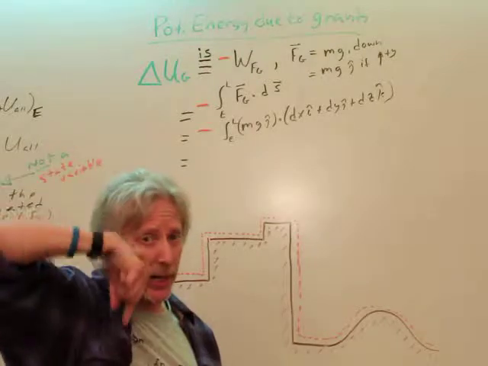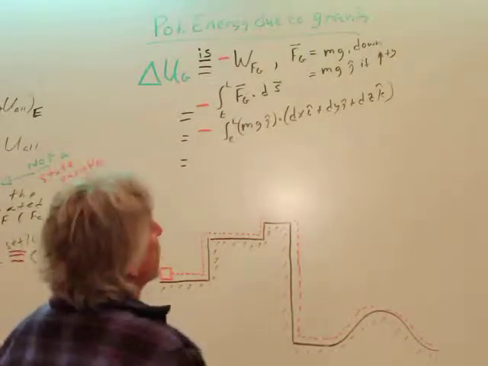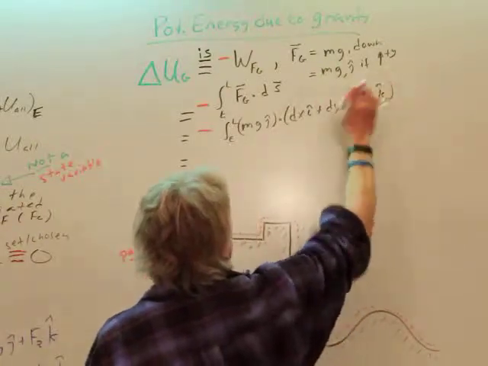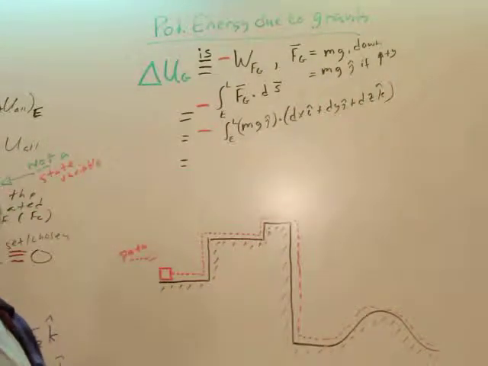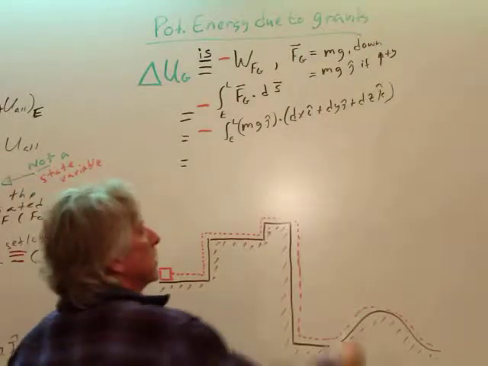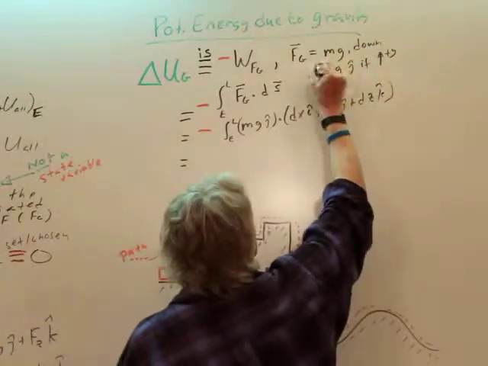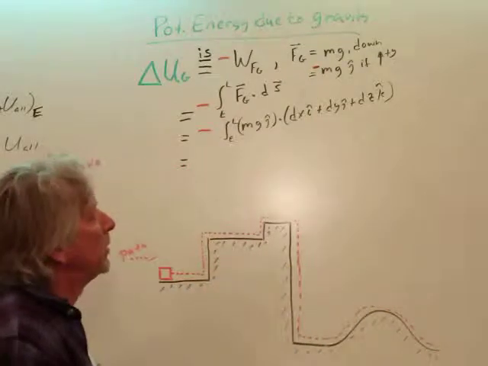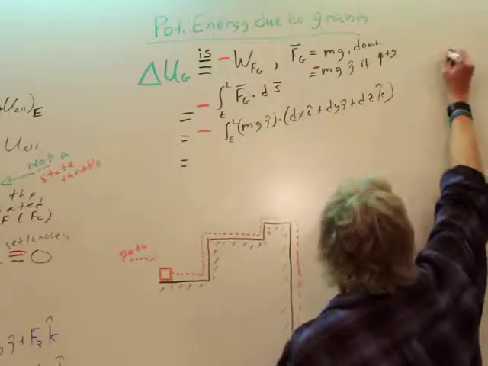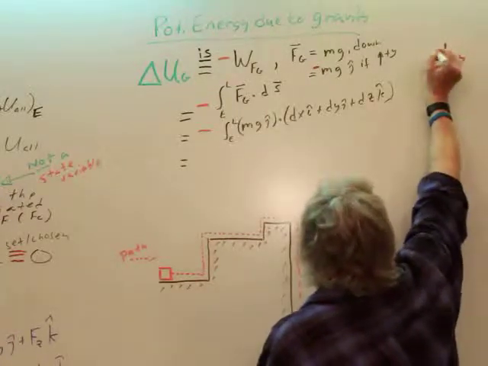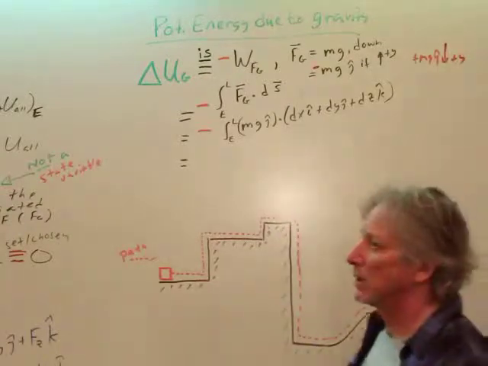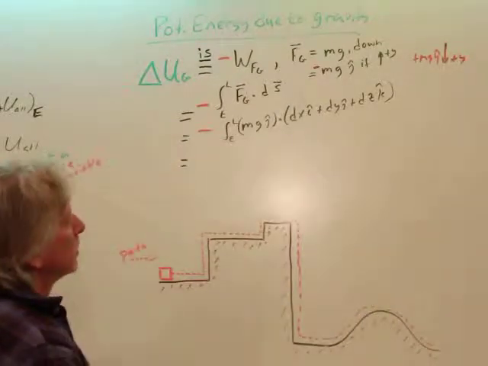The force is down. If I call up positive, then what have I got here? Is that correct? Down is negative. If I call down positive, then I get positive mg j hat. But physically it's down.